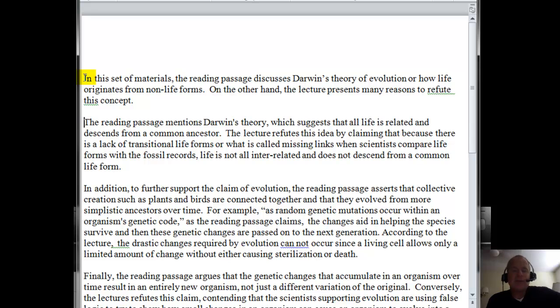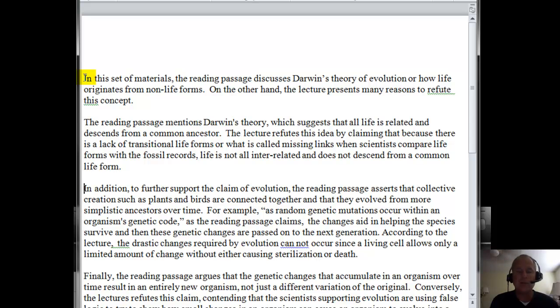The reading passage mentions Darwin's theory, which suggests that all life is related and descends from a common ancestor. The lecture refutes this idea by claiming that because there is a lack of transitional life forms, or what is called missing links, when scientists compare life forms with the fossil records, life is not all interrelated and does not descend from a common life form.